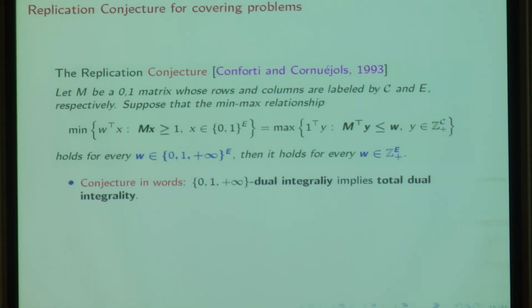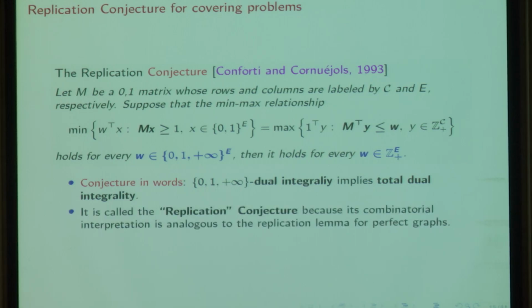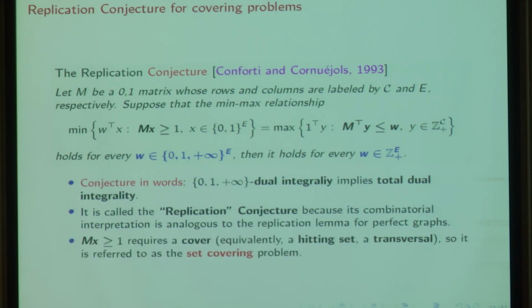And this is called the replication conjecture because it's a set covering analog of the replication lemma. Mx at least 1 requires a cover, and in computer science, people refer to it as a hitting set. You are basically taking a subset of elements that intersects every member in the family C.